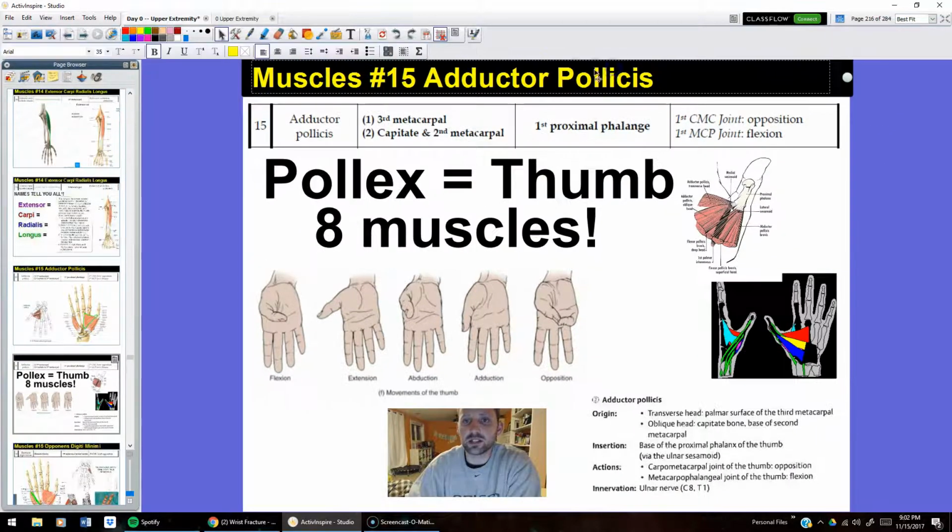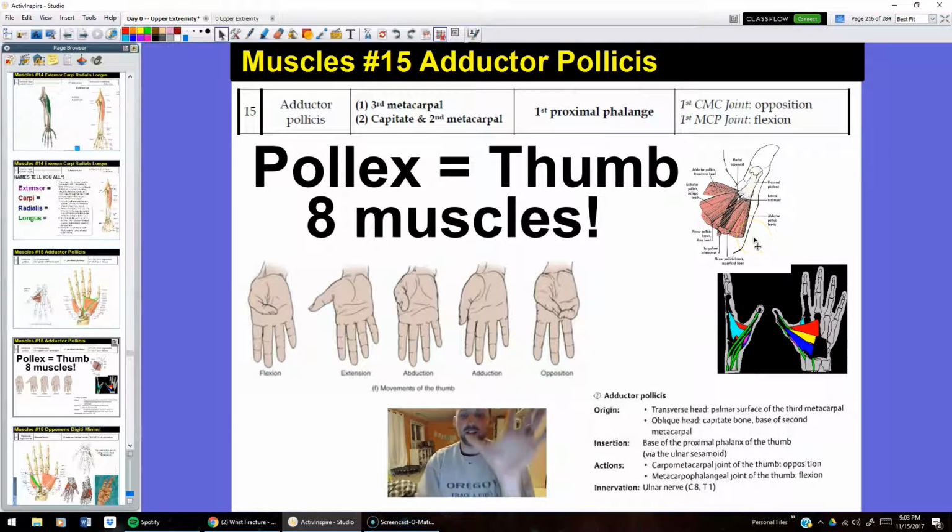So that pollicis denotes the biggest part of the biggest phalange of your hand. The hallux is your big toe, so hallucis will be all the muscles going to the big toe. We'll find that out later. But I find it weird that this big muscly part, the reason why you have so much muscle mass, this big jutting thing out in your palm, is there are so many muscles there on the front and the back.